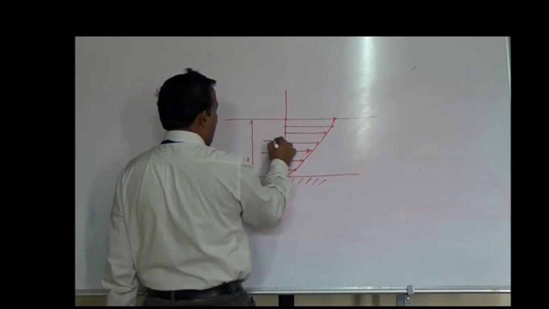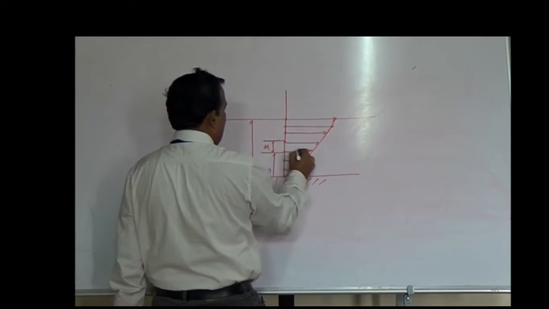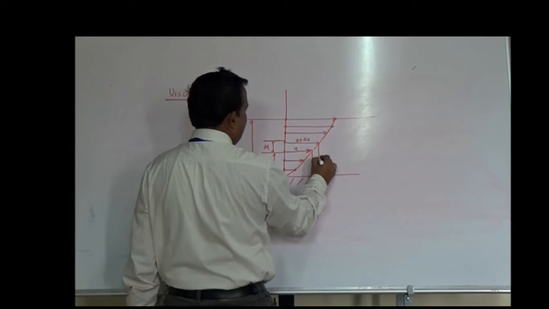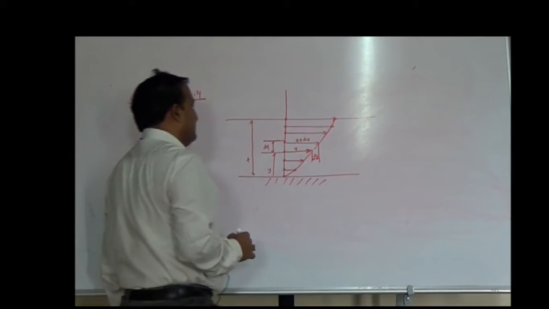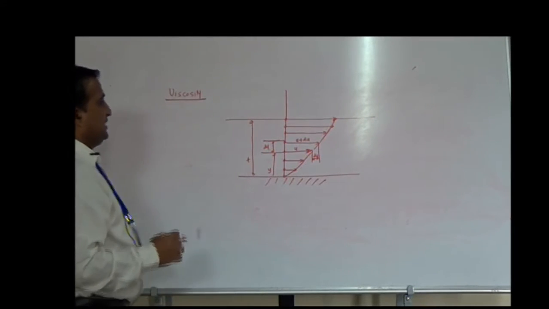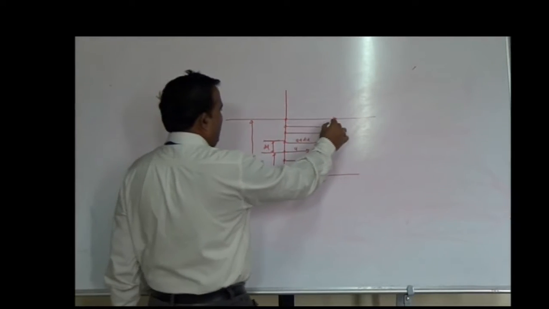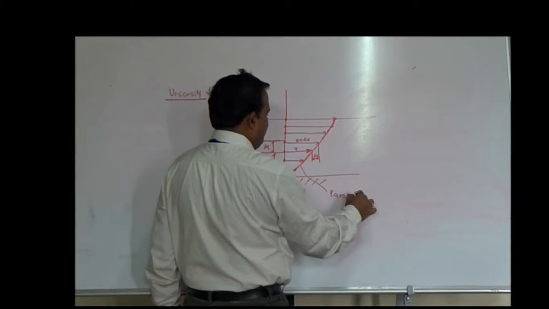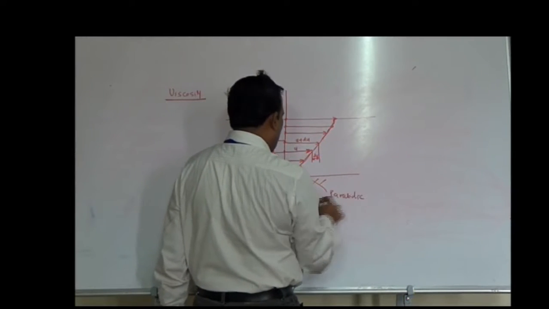Newton has got a parabolic profile. This is a velocity profile.